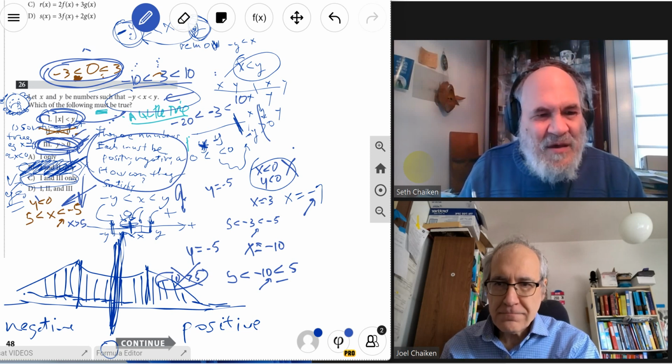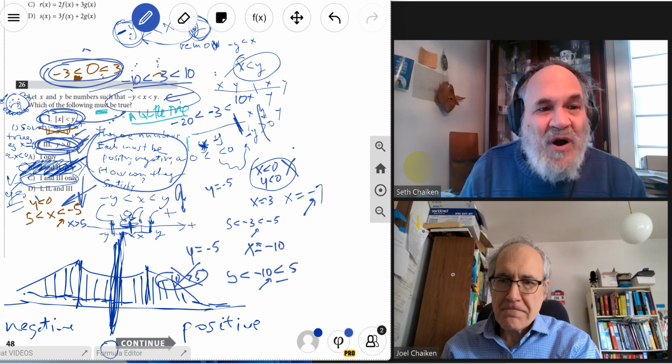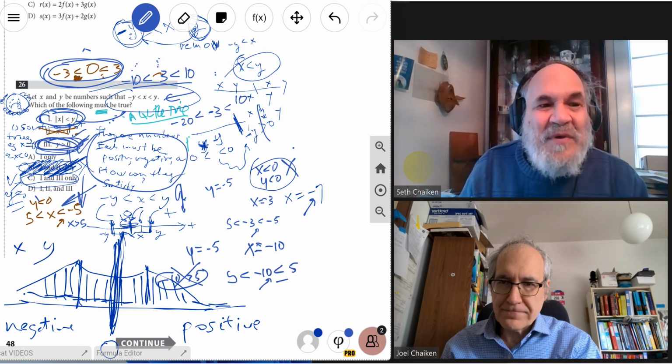Suppose y is negative. It's on the left side. Is that possible? Well, if y is on the left side, x has to be to the left of y. It could be, sure. But then negative y has to be even further to the left of x.